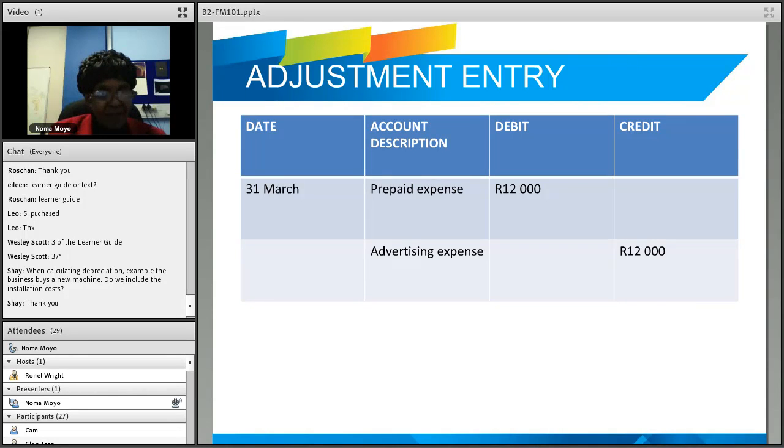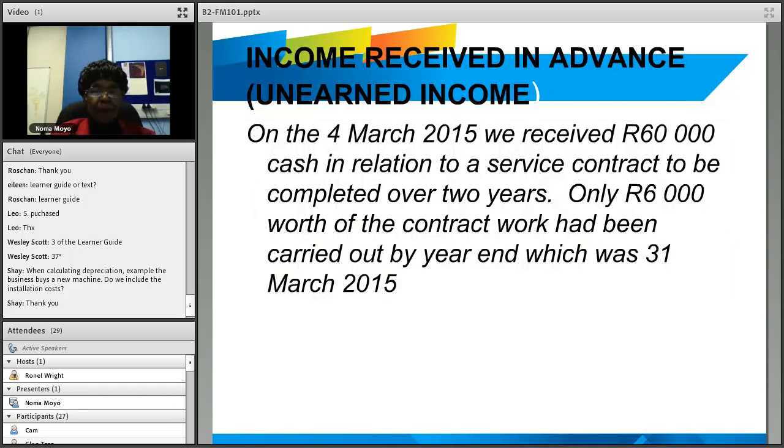By coming up with an account called prepaid expense and crediting. Remember, it is 48,000 on the debit. When you credit it by 12,000, the balance is now going to be 36,000, which is going to be an expense. That was now an expense that was paid in advance.